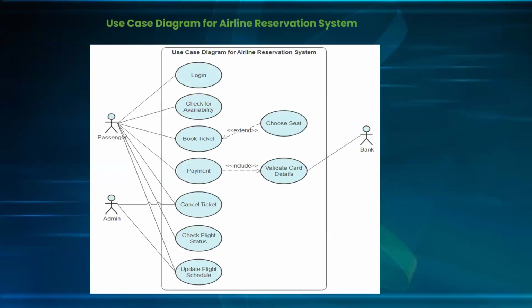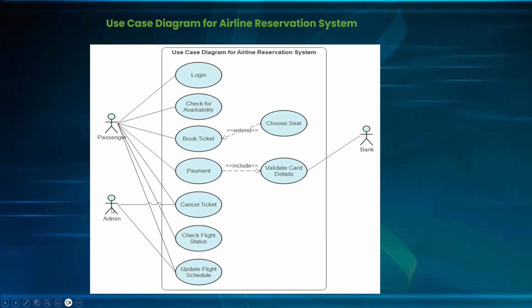Okay, let's see this example. Primary actor, secondary actor. Primary actor is associated with login, check for availability, book ticket, make payments, cancel ticket, check flights, update flight schedule.